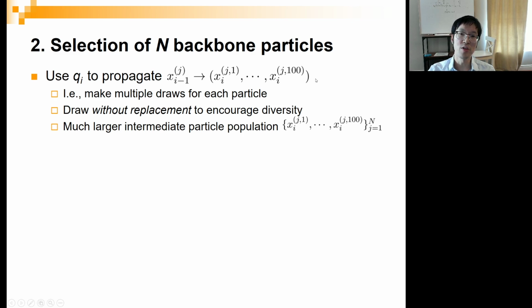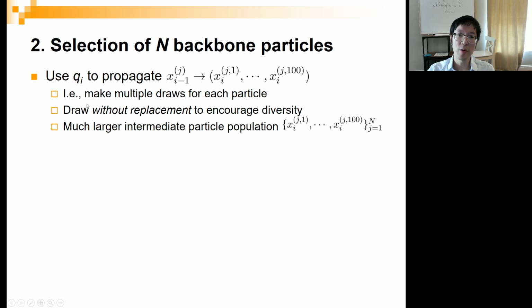Say we generate a large number of them, let's say 100. So if we start with, say, 1,000 potential conformations and now add in the next amino acid, each of them can generate 100 more, so now we have 1,000 times 100 particles.